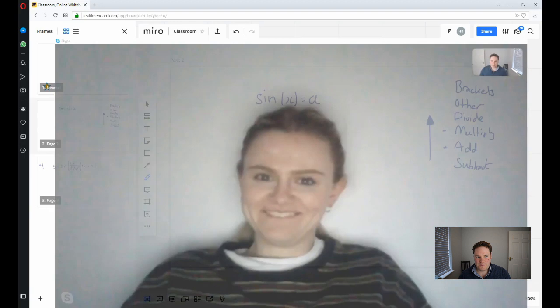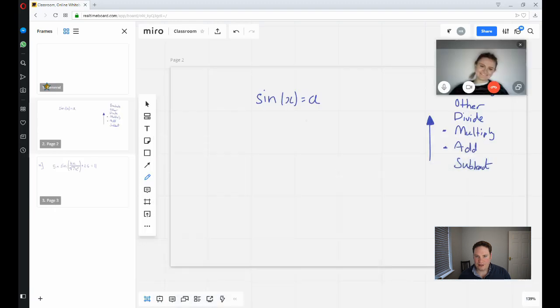No. Okay, that's absolutely fine. It's a function, which means it takes x and it does some mysterious thing to it. For now, we're not even going to worry at all what that thing is. That can be another time. It's for stuff to do with angles and triangles. Oh yes, SOHCAHTOA. Yeah, exactly. For now, the only thing. Okay, so you might already know what I was about to say then.